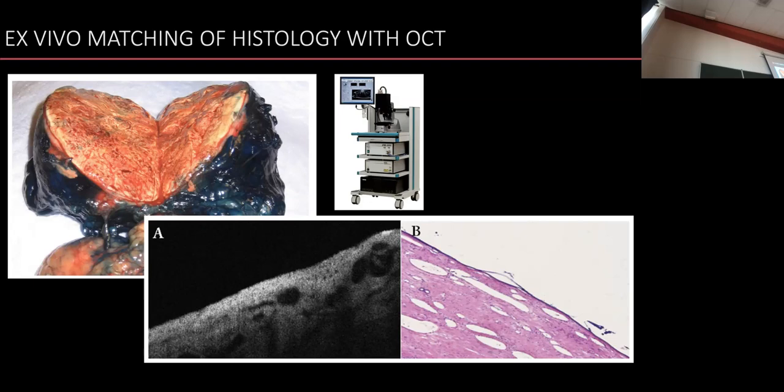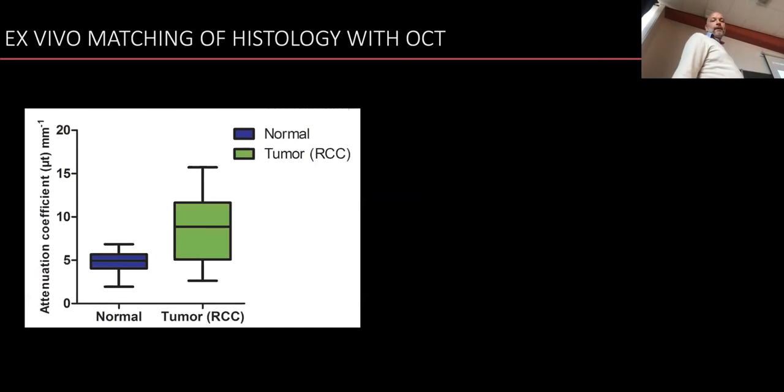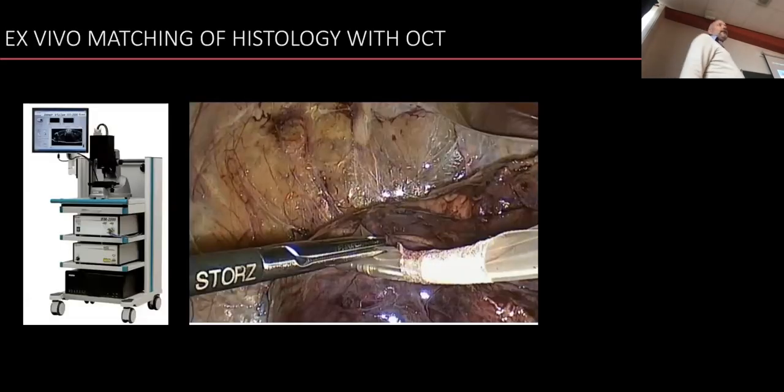This is with the system way back in the days, and we were already able to create these comparable images. Again, we could study ex vivo the attenuation coefficient, and it showed there was a difference between normal and tumor. Clearly, a normal kidney, well perfused, is red, and the tumor is white. You can see that by eye, but at least it showed that this tool worked according to what we expected. And it gave us reason to do this in vivo pilot.